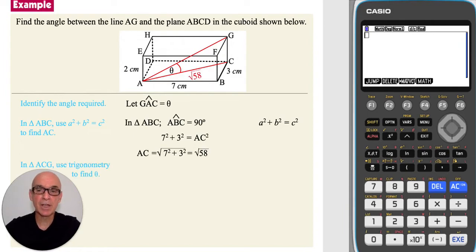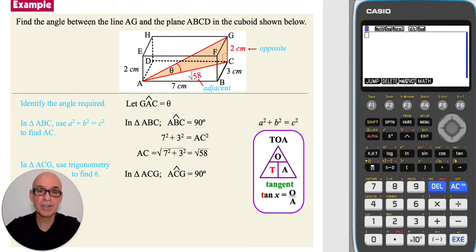In triangle ACG, which is right-angled at angle C, we can use trigonometry to find theta. Identifying 2 centimeters as the side opposite theta, and the square root of 58 as the side adjacent to theta.